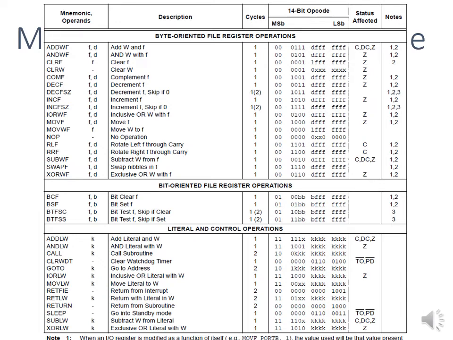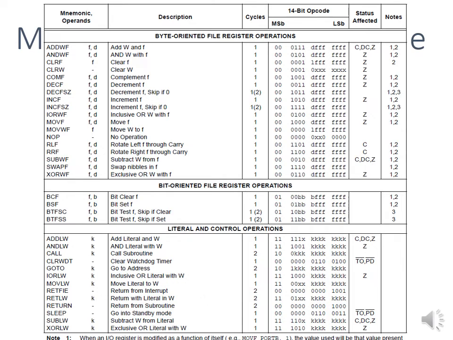B represents the bit number. It's a number in the range 0 to 7 corresponding to the position of the bit. 0 is the least significant bit position and 7 is the most significant bit position. B is used in those instructions that operate on individual bits in a file register, and it indicates which particular bit the instruction is going to operate on.